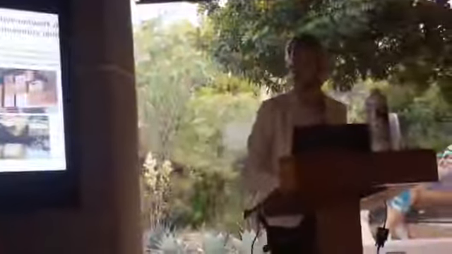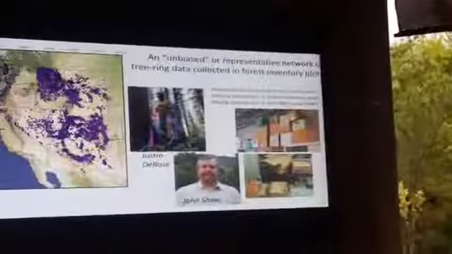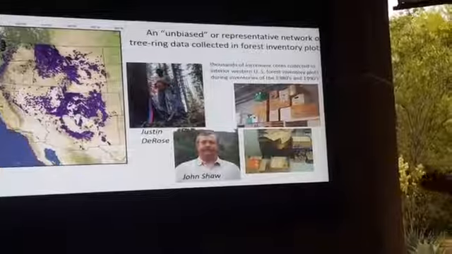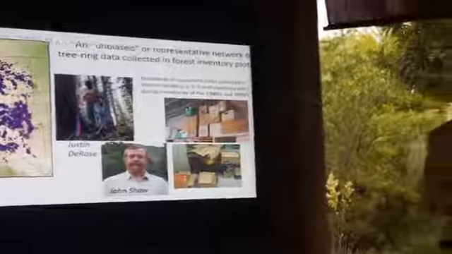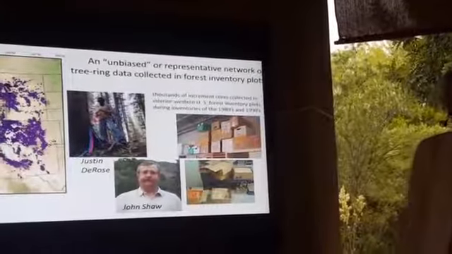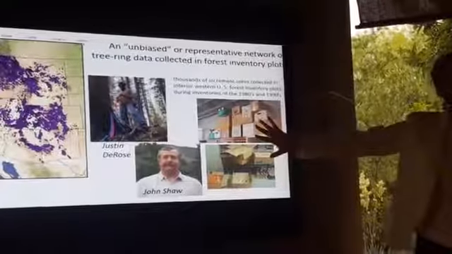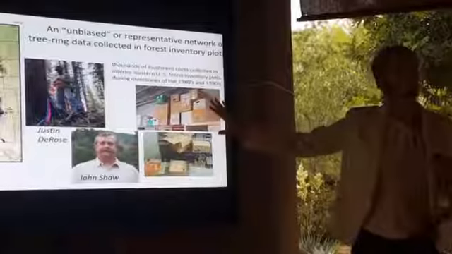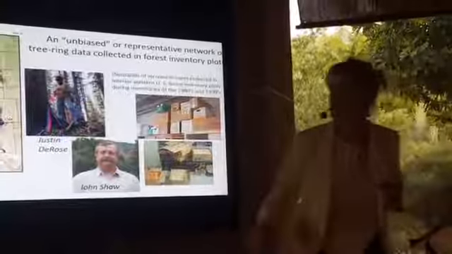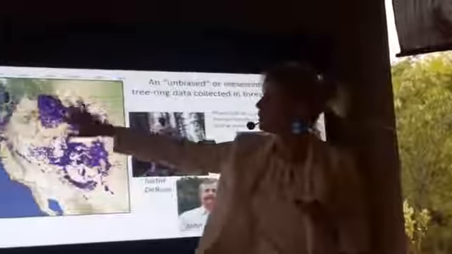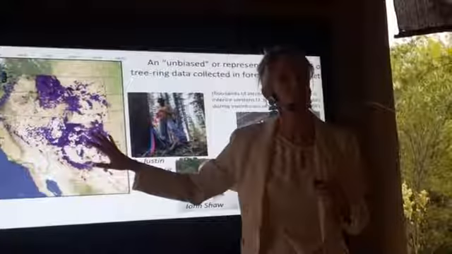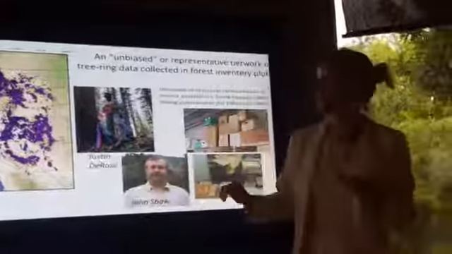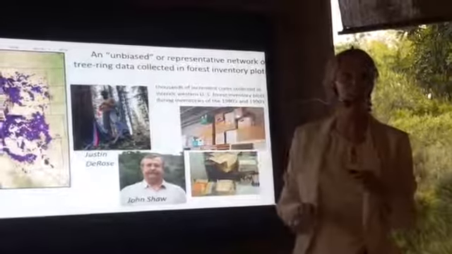And so about 4 years ago, I started collaborating with John Shaw and Justin DeRose, who are both with the US Forest Service. They had discovered about 10 years ago a bunch of boxes in a storage room that were filled with increment cores that had been collected in forest inventory plots throughout the 8 interior western US states during inventories between the 1980s and the 1990s.